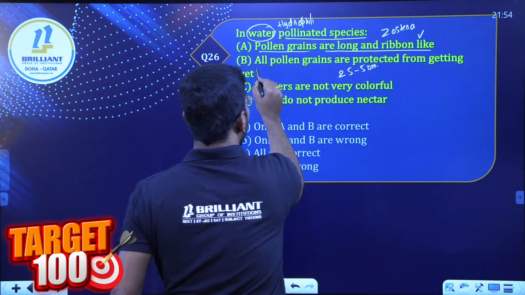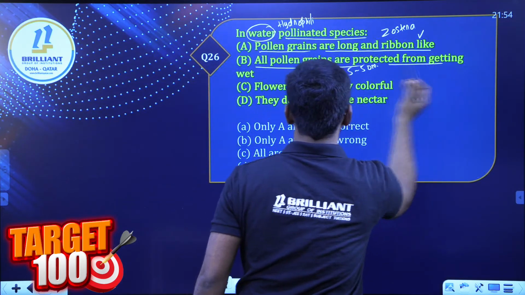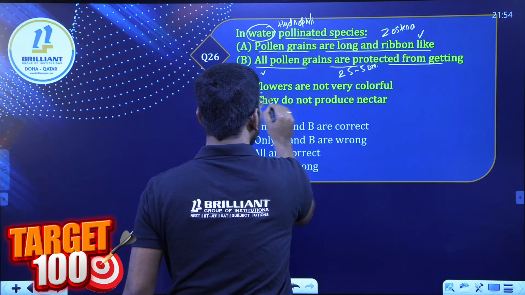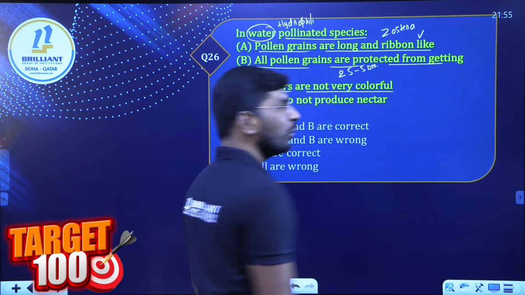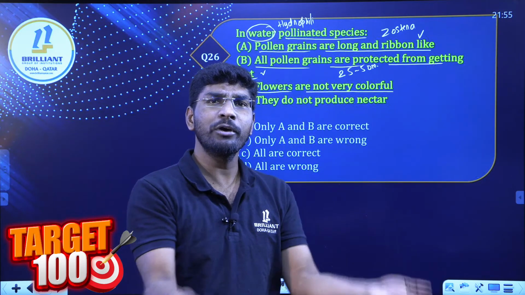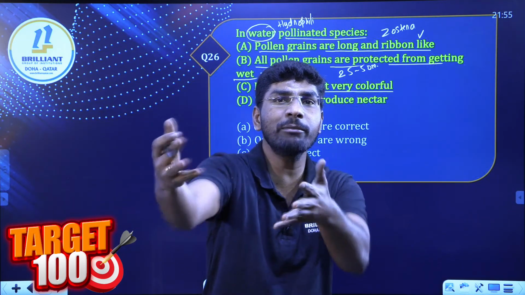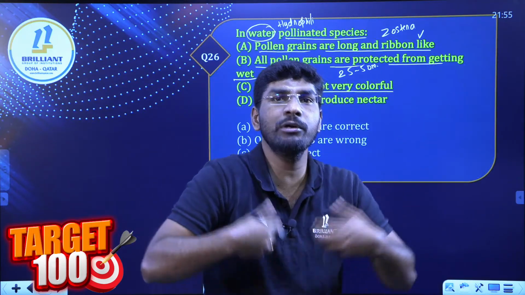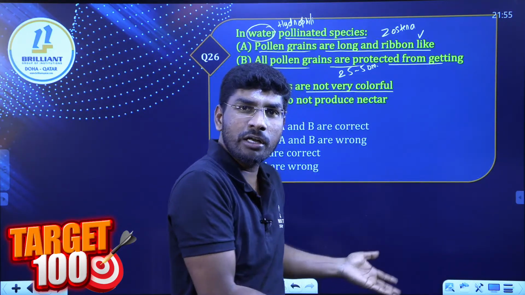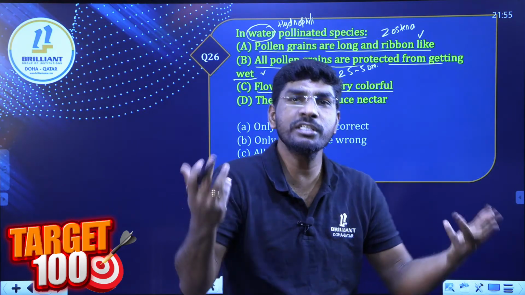This is correct: all pollen grains are protected from getting wet. Yes. Flowers are not very colorful. Why would they be colorful? Colorful flowers are entomophilous, to attract insects. But they are in water. Which insect will go in the water?